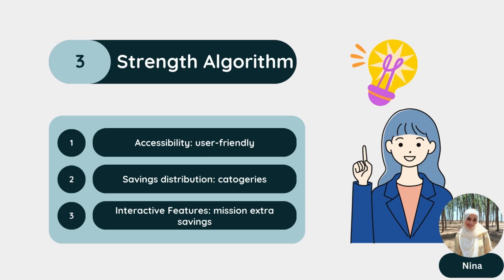The last one is interactive features. The inclusion of a mission for extra savings introduces gamified elements and encourages better financial habits. This approach makes budgeting more engaging and is a unique aspect not found in other algorithms.